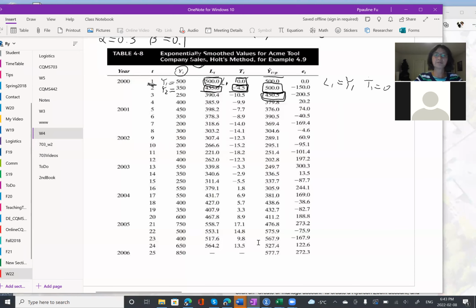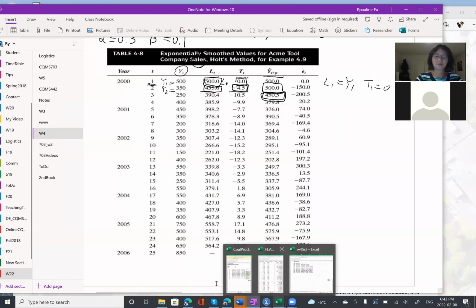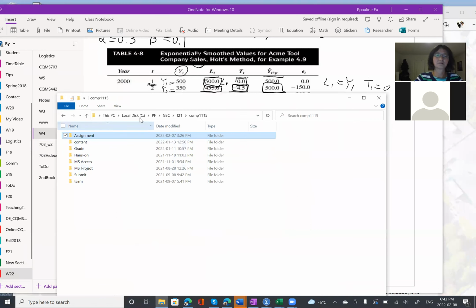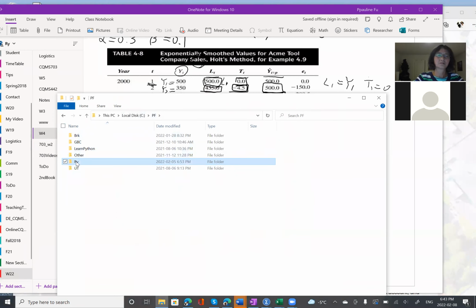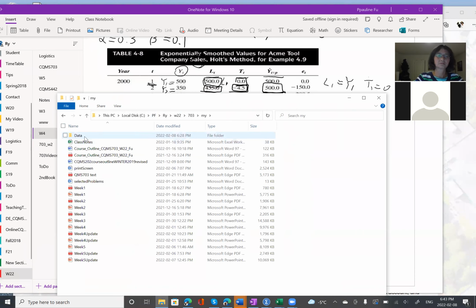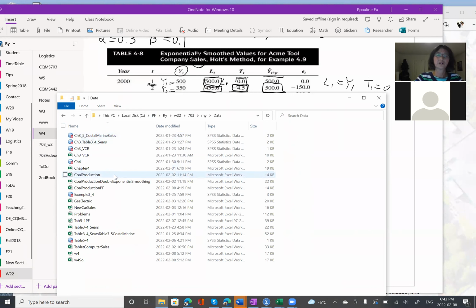So I'm going to open this file. This is data table 4-H, I hope I have it. I'll try going to chapter 4 here.